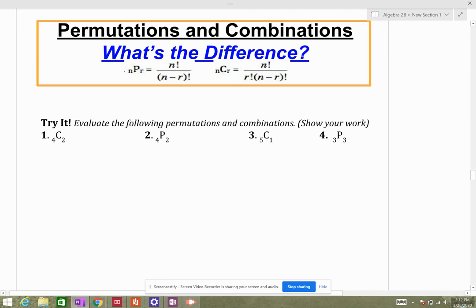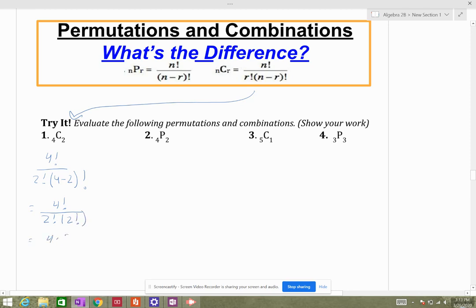So for combination 2, that means I'm going to use this formula right here. So I'm going to do 4 factorial over 2 factorial times 4 minus 2 factorial. That turns into 4 factorial over 2 factorial times 2 factorial. And expand this out.